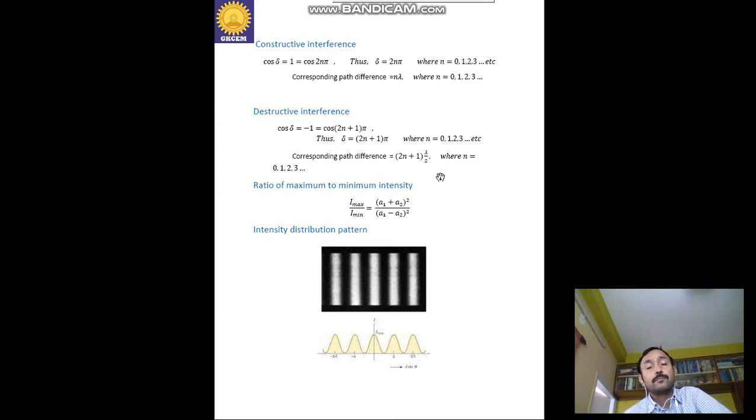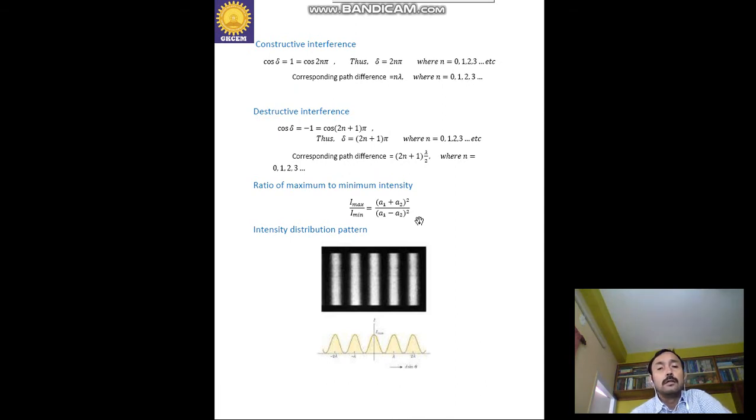As you know, the phase difference is 2π/λ times the path difference. The ratio of the maximum to minimum intensity is Imax to Imin. Imax, when cos δ is 1, becomes (A1 + A2)², and Imin, when cos δ is -1, is (A1 - A2)².